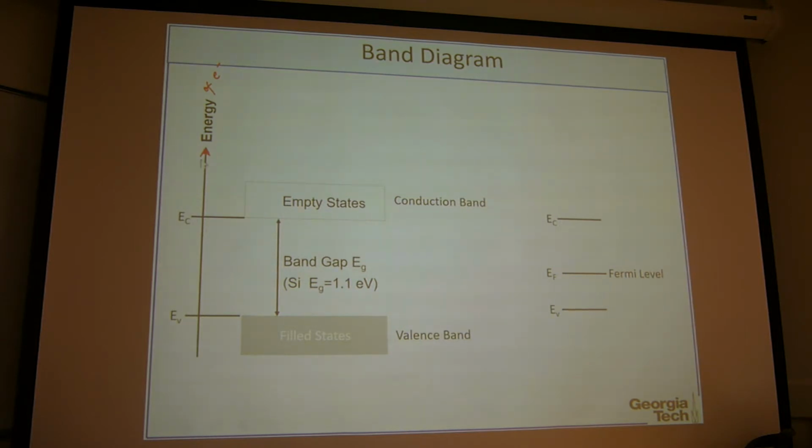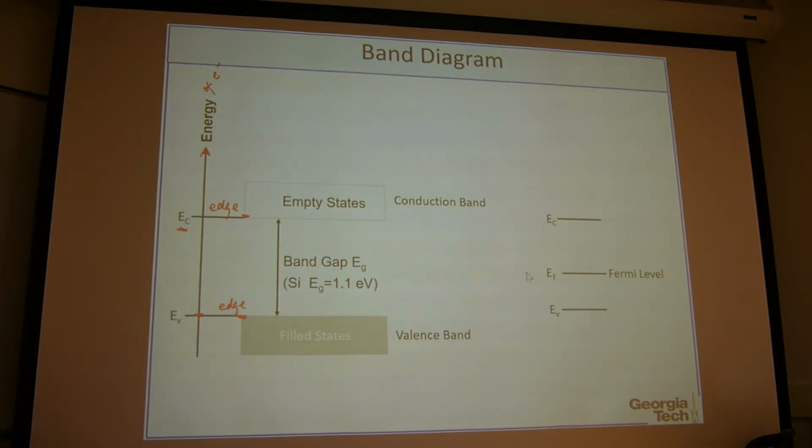In the energy level, we are going to use EC to represent the edge of the empty states, or the conduction band, the bottom edge. And similarly, EV, the top edge of the valence band. This is totally by definition.